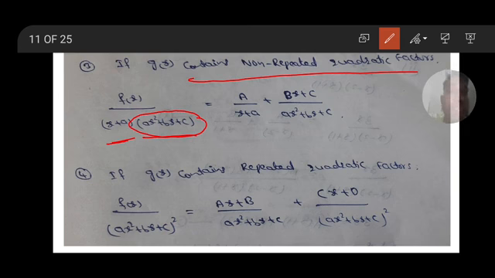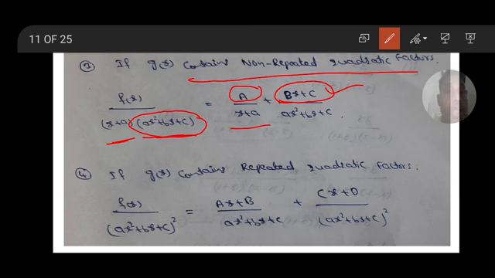This can be expressed as A by x plus a for the linear factor. For the quadratic factor, we write Bx plus C by ax square plus bx plus c. For a quadratic factor, we write in the numerator bx plus c. For a linear factor, we write only a constant A.